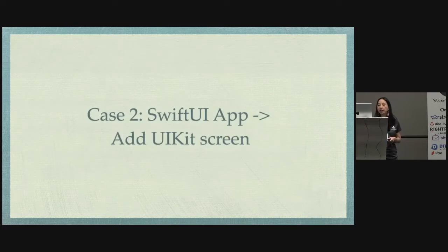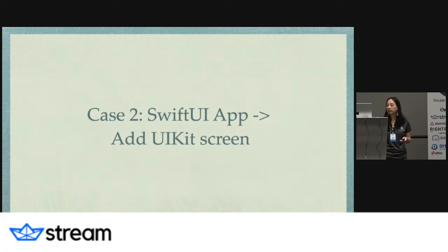Now that we know how to add a UIKit component to a SwiftUI screen, let's go over our next use case. Our next use case is when we have a single screen SwiftUI app, and now we want to add an entirely new second screen in UIKit.